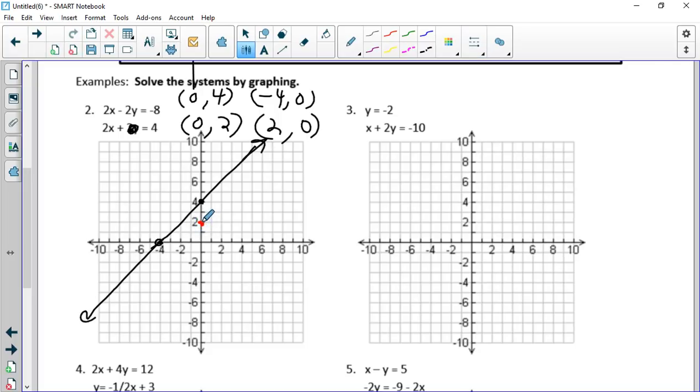And (2, 0), which is going to be over here. And then you estimate where they intersect, and then you say, well, that looks to me like it's the point (-1, 3).